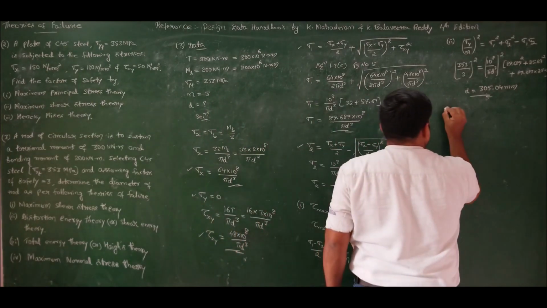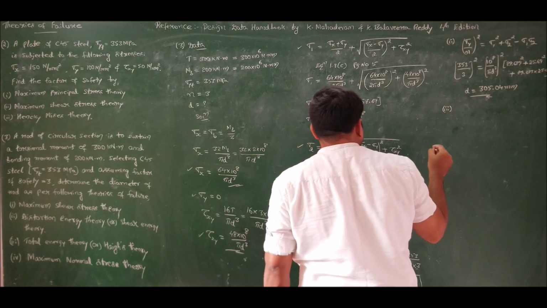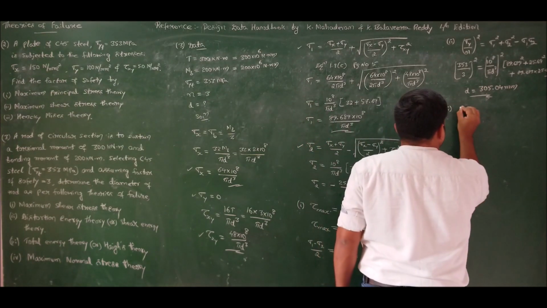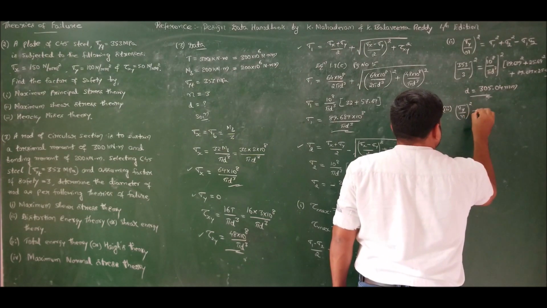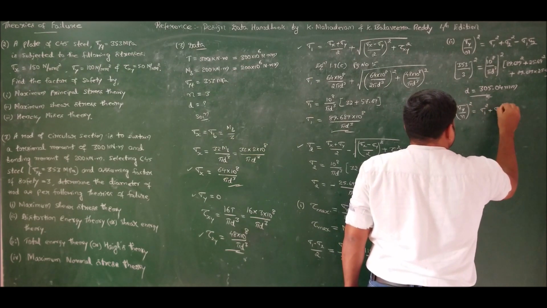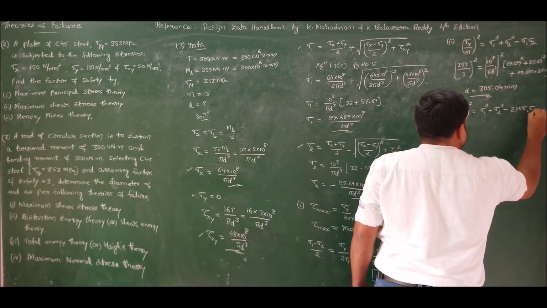Next, moving ahead, the third one is total energy theory or Haigh's theory. Total energy theory or Haigh's theory is given in the data handbook, which is given by sigma yield by n whole square is equal to sigma 1 square plus sigma 2 square minus 2 times mu sigma 1 sigma 2.